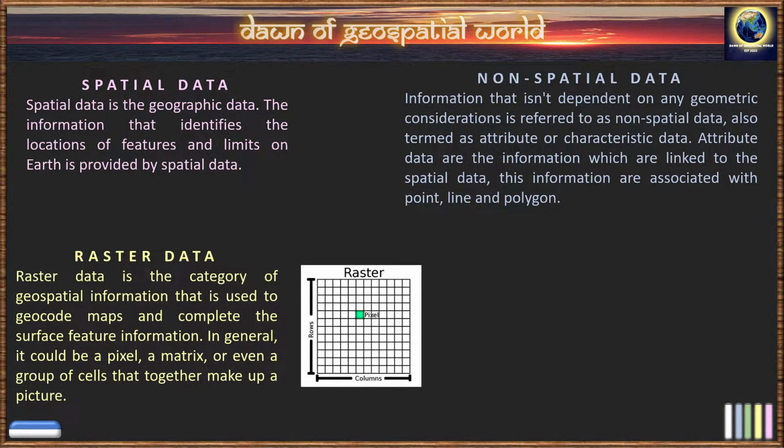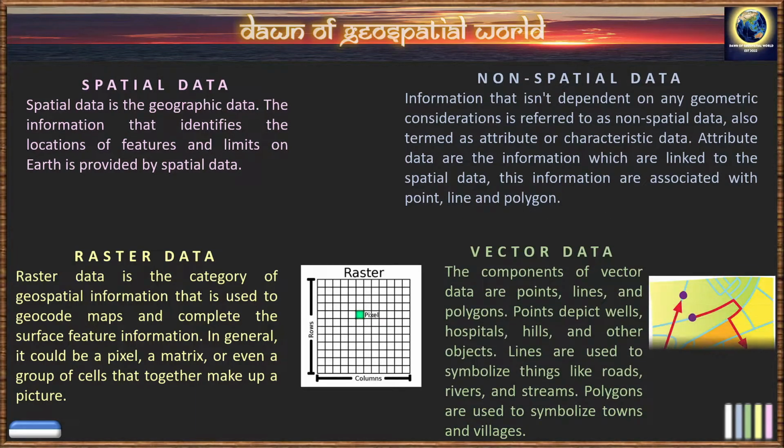Pixel is the pictorial element. It is the smallest element of a picture. Vector data. Vector data can be a 1D point like any location, a 2D line like roads, rivers, or communication lines, or a 3D like an area.